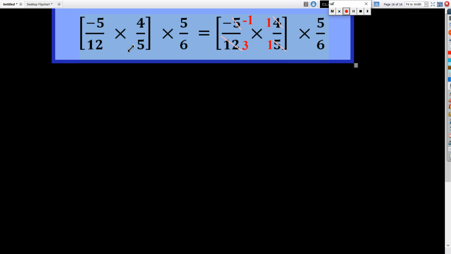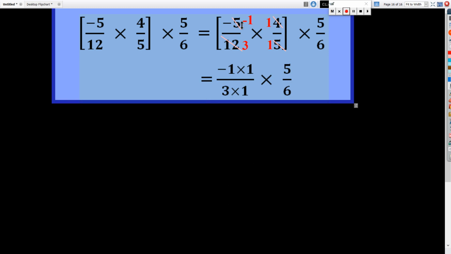Here negative 5 and 5, dividing by 5 you will get negative 1, and 4 and 12 you can divide both by 4. So 4 by 4 is 1 and 12 by 4 is 3, into 5 by 6. Now what is the numerator? Negative 1 and 1. So next we can write negative 1 into 1 by 3 into 1 into 5 by 6.